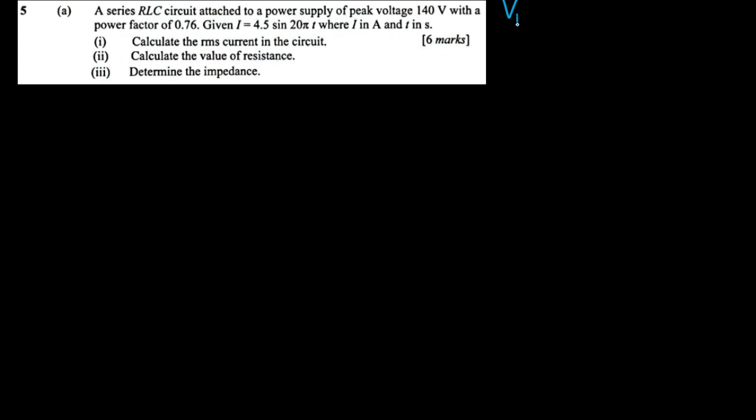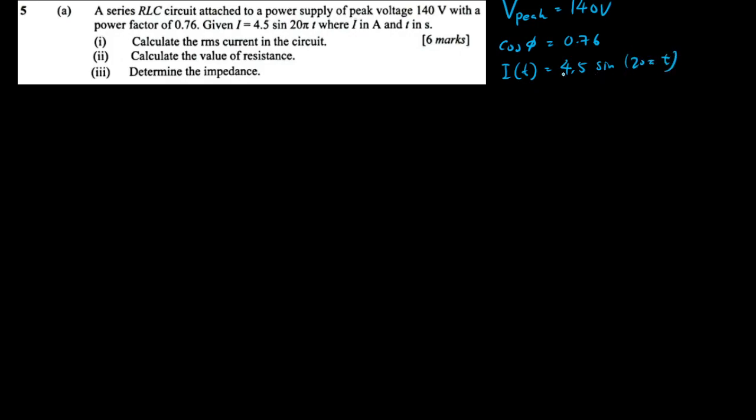So peak voltage equals 140 volts with a power factor of 0.76. So my power factor, cos phi, is simply going to be 0.76. Okay, and then from that equation I can say, I'll just write down there, I(t) equals 4.5 sine 20 pi t.